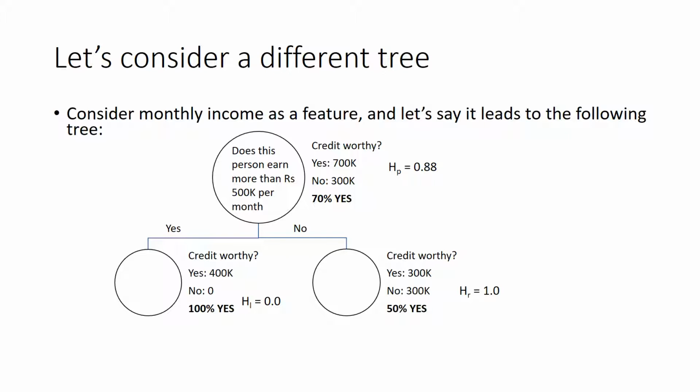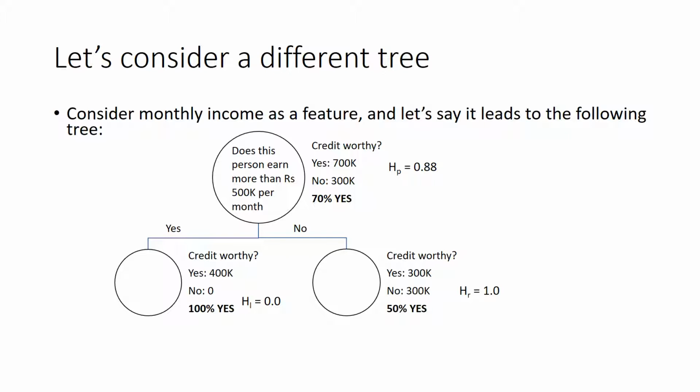Okay. On the right child, you are left with 300K people who are credit worthy and 300K people who are not credit worthy. So it's a 50% yes. Now this is a more even split. So at the parent, the entropy was 0.88. It was high. On the left child, I've managed to reduce it to 0.